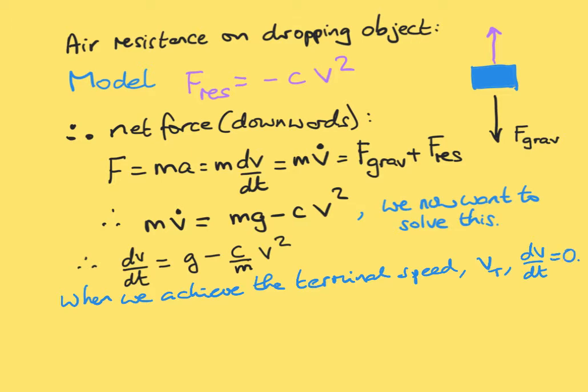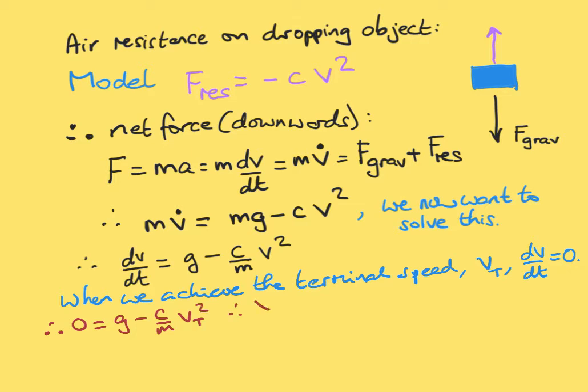It will no longer change. So this gives us an equation for Vt. What we have is 0 is equal to g minus c over m times Vt squared.